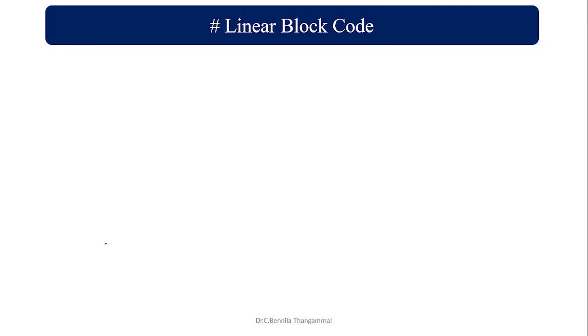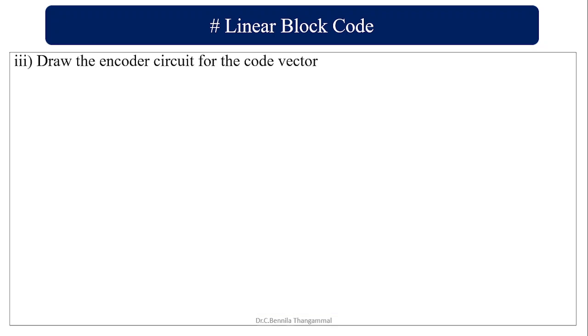So from this one, we can calculate the next part. Draw the encoder circuit for the code vector. We have the equations: C1 is equal to M1 modulo addition M3.